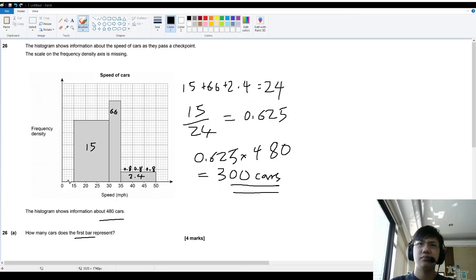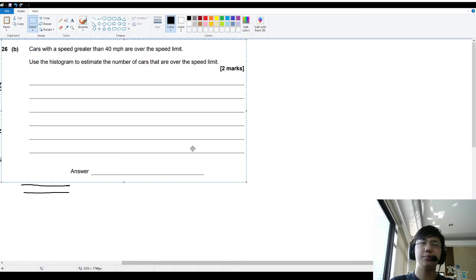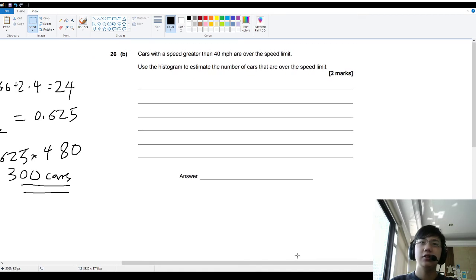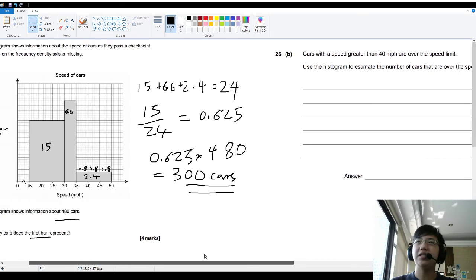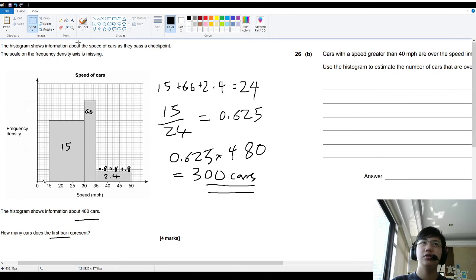So let's paste this here. So the speed greater than 40 miles per hour, so speeds from here to here. So this area here would be 2/3 of 2.4, which is 1.6.